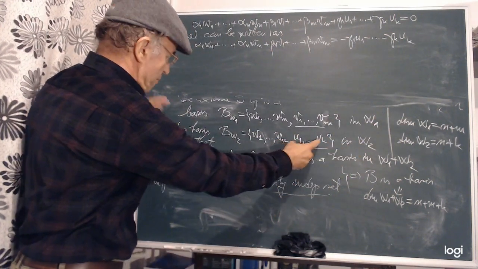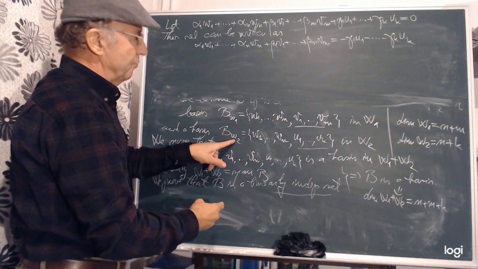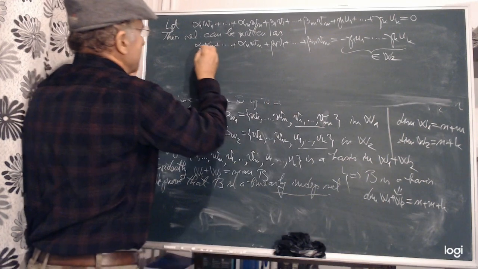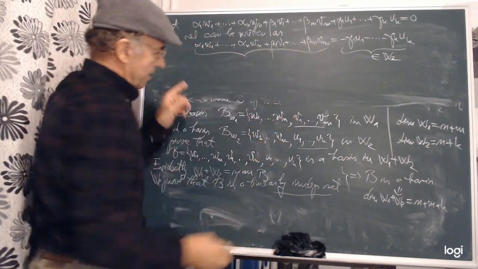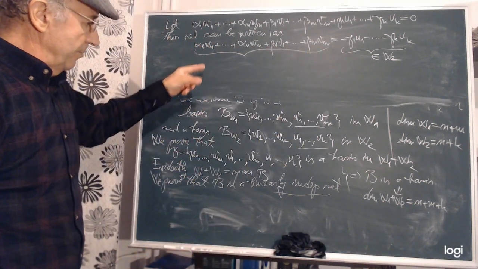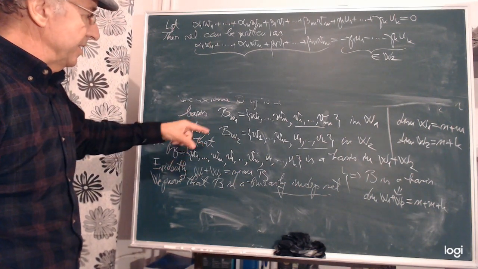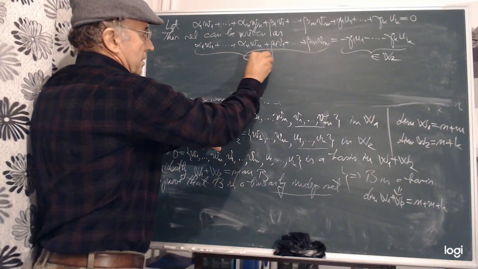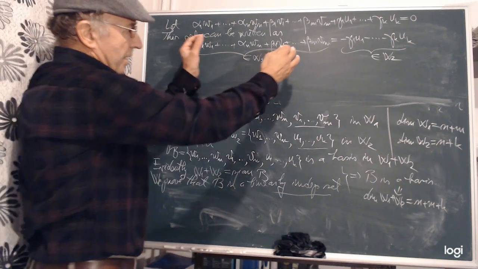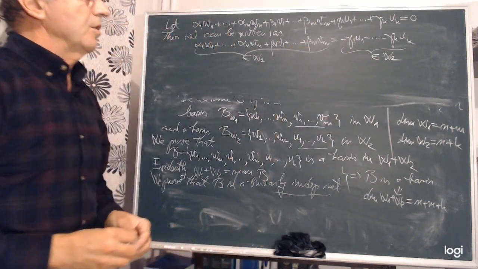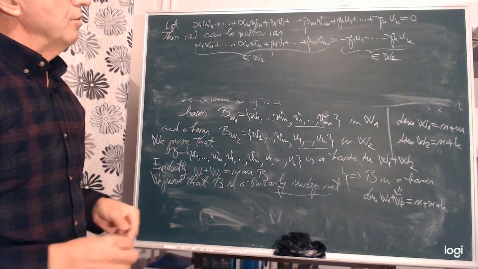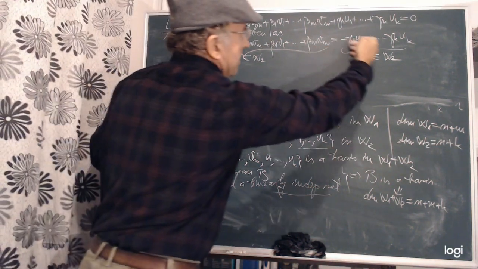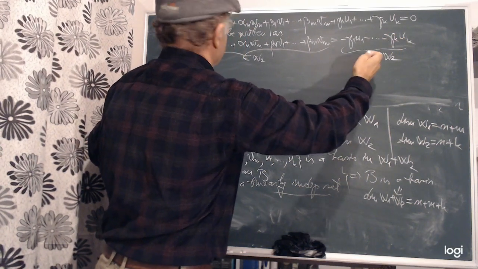The vectors u are from W2, so this belongs to W2, and the left side is a linear combination of the vectors of the basis of W1. So the two vectors are equal, so they belong to the intersection. From this we get that, let us consider, for example, this one.